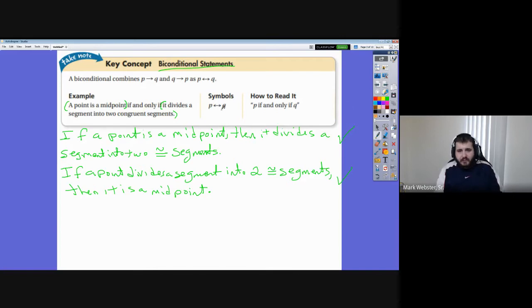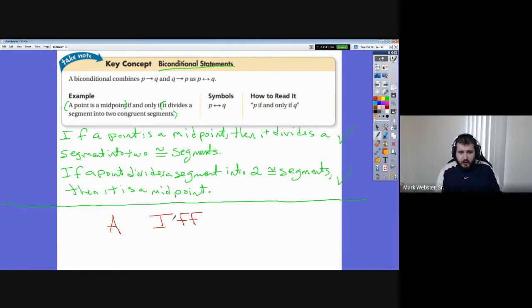So when we have some examples of how to write it, this double-ended arrow is very commonly used, especially when you get to higher levels. You see this double-ended arrow all the time. You can also write it out with the phrase if and only if in the center. Now, I'm not saying you have to do this, but when I was your age, they taught me that you can abbreviate if and only if as IFF.